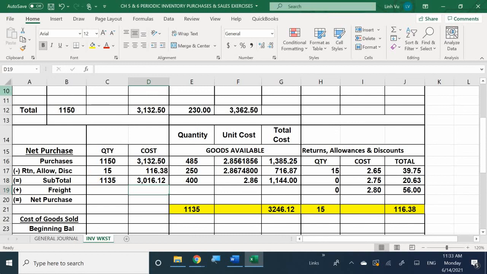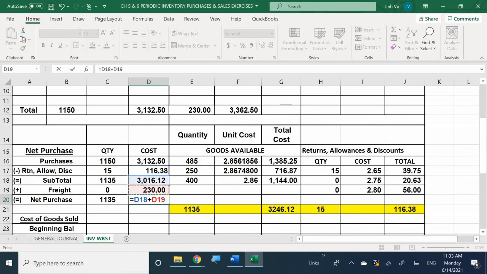3016.12. Okay. Freight once again doesn't affect quantity, but it does affect the cost. We're going to add our $230 because that's how much freight and shipping I paid. So in this case, my grand total net purchases is going to be 3,246.12.